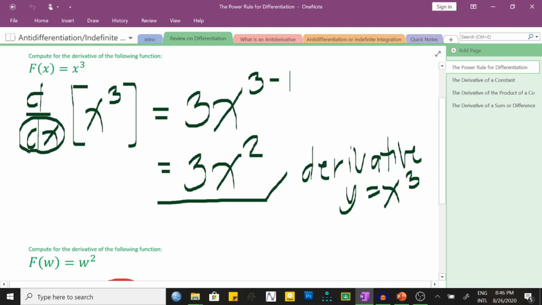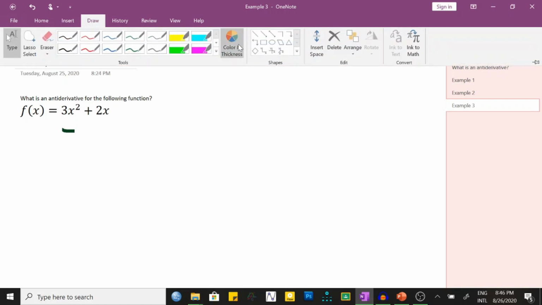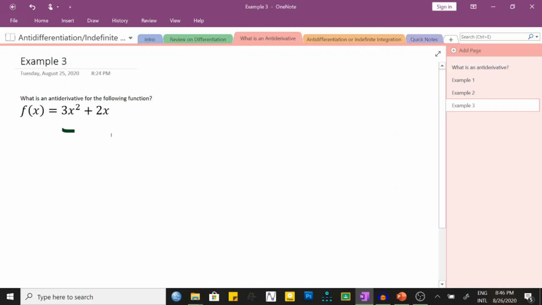You have it here. 3x squared is the derivative of x cubed. Therefore, x cubed is an antiderivative of 3x squared. So we go back here. We know now that an antiderivative for 3x squared is x cubed.